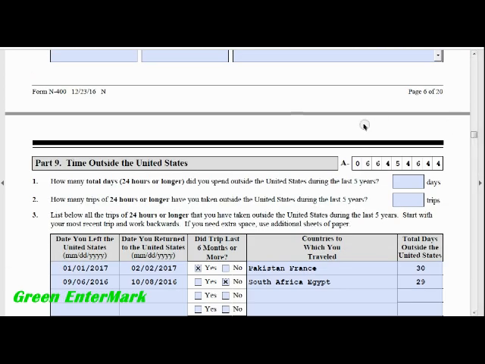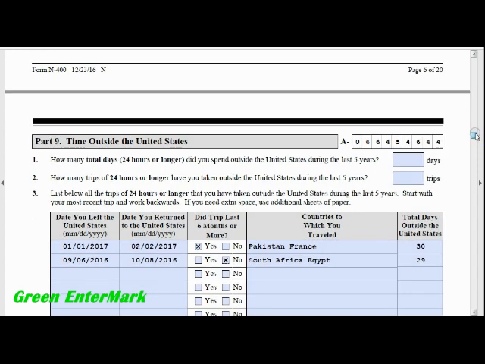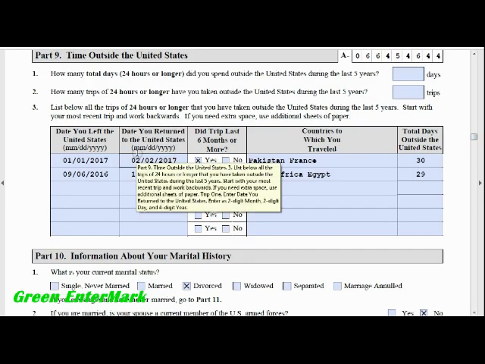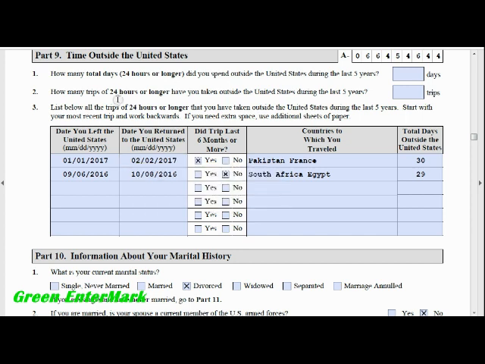Now coming to part 9, time outside the United States. If you are residing in the United States the last 5 years or last 3 years, you have to mention the trips which you took in the last 5 years or 3 years. How many total days, 24 hours or longer, did you spend outside the United States during the last 5 years?